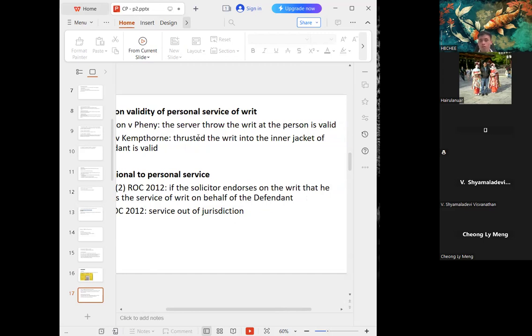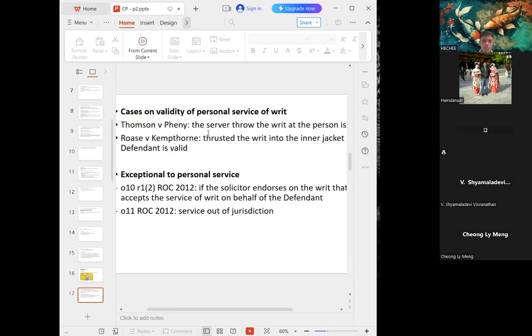A process server is a person you appoint, whether a runner or a dispatch boy, to serve the document. In this case, the process server threw the writ at the person and said, you are hereby served with the writ, and the court held that this kind of service was valid.